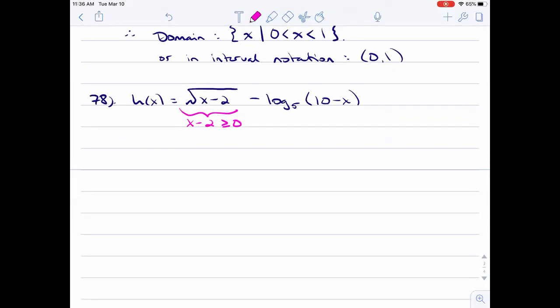We have to take the square root of a positive number, but we can take the square root of 0. It's just 0. And then here, for this portion, 10 minus x has to be greater than 0. Okay. And in between here, we have to find the overlap, right? Because both of these have to be satisfied in order to be in the domain.